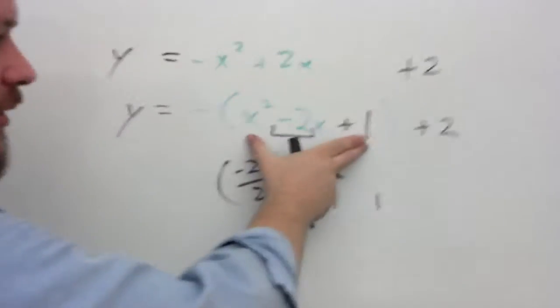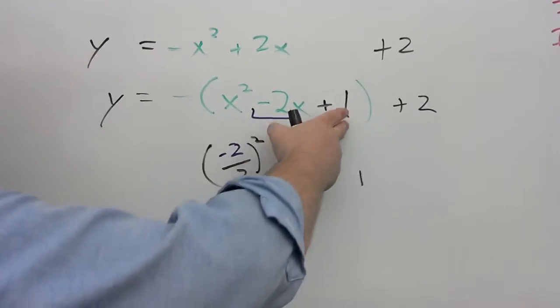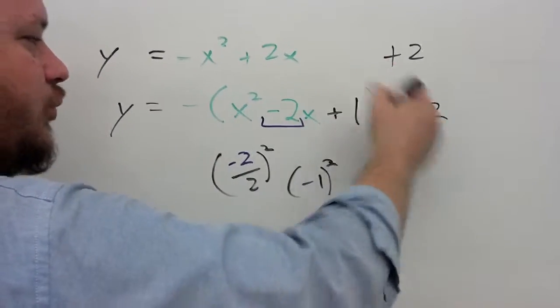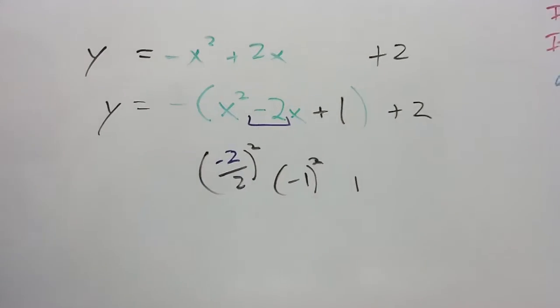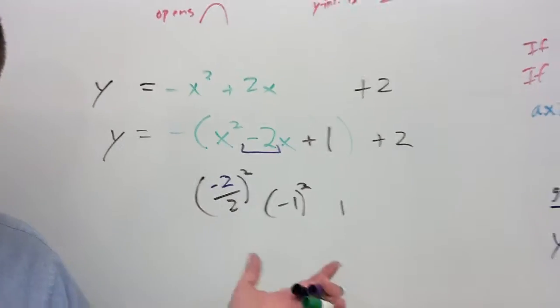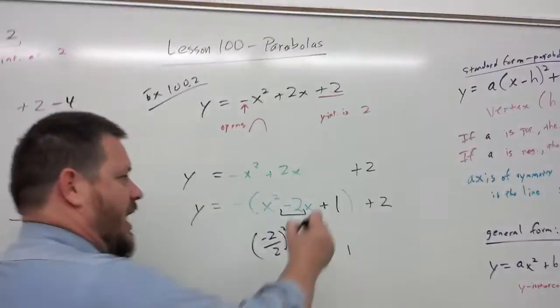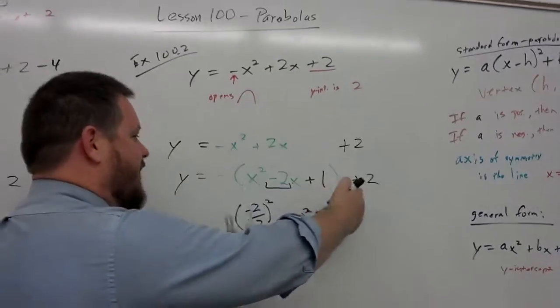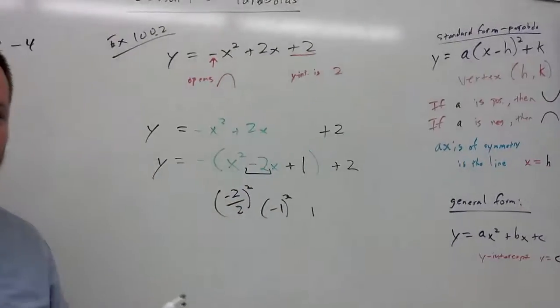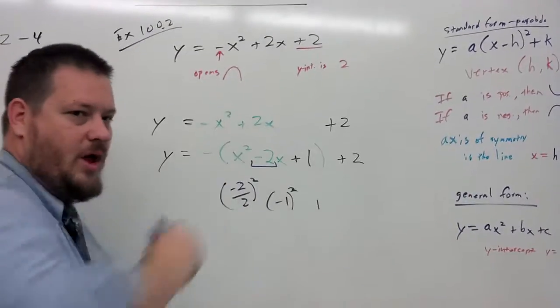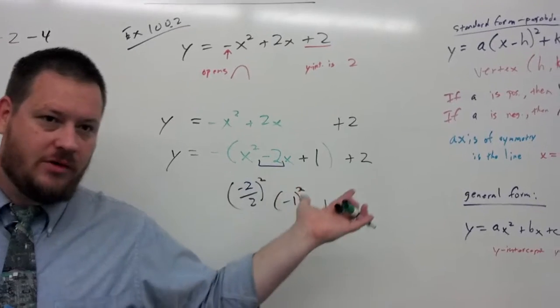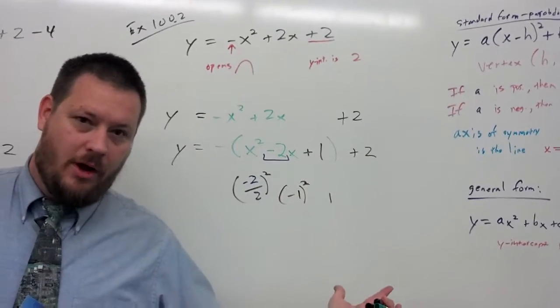You complete the square inside these parentheses, and so even though I wrote down plus 1, what effect did that have on the right side of the equation? I wrote plus 1, but that's inside parentheses that are being multiplied by a negative. So what happened to this side of the equation? It went down by 1.